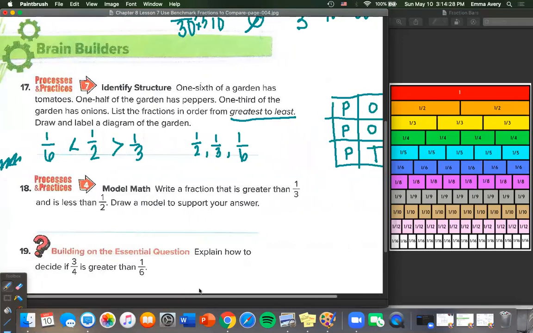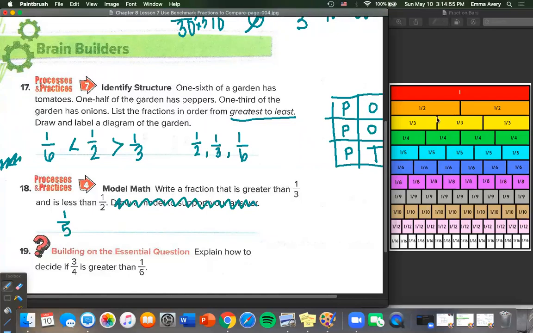Okay. Now we need to write a fraction that is greater than 1/3 and less than 1/2. We're not going to worry about drawing a model because we're going to use a model to decide. So greater than 1/3 and less than 1/2. So it has to fit in this little spot right here. Well, our first one is 2/5. So that fits right there.